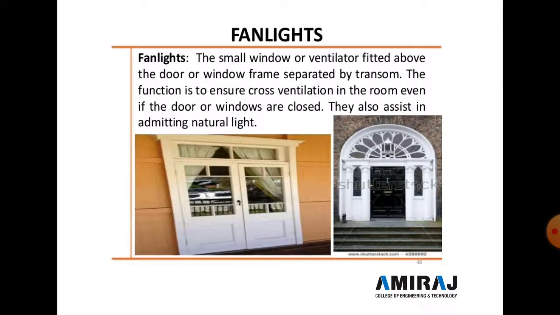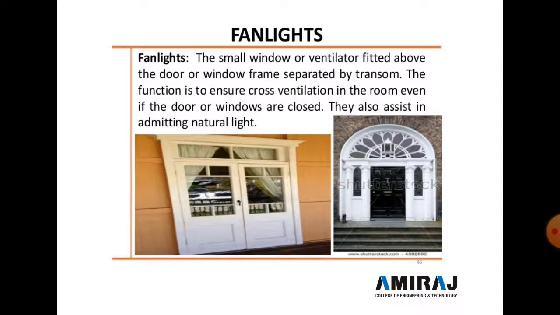Now next is fan lights. So what is a fan light? A fan light is a small window or ventilator fixed above the door or window frame, separated by a transom. The function is to ensure cross ventilation in the room even if the door and window are closed. They also assist in admitting natural light.